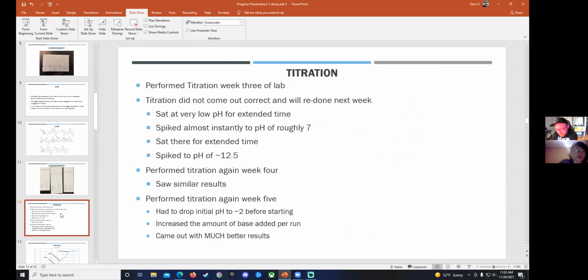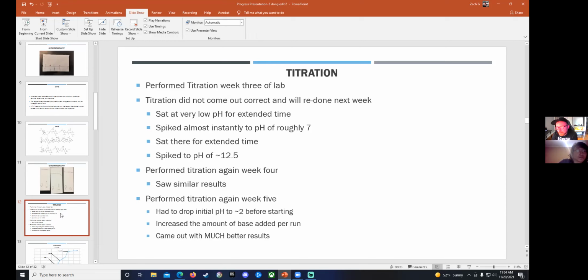Fortunately, the titration for ours, along with many other things as we went down the road and started to do other things with our dipeptide, really gave us a lot of hassle for sure. So we performed titration on week 3 of the lab. That titration came out absolutely horrible.